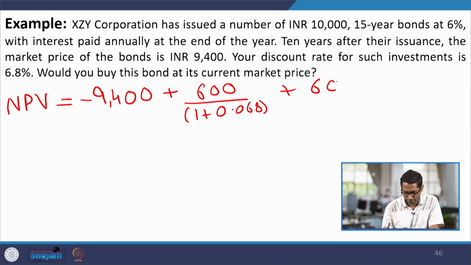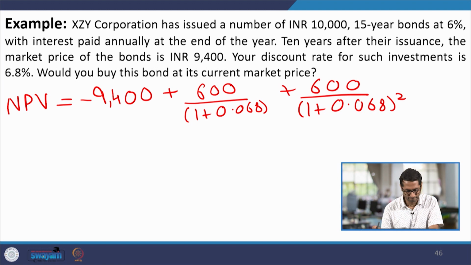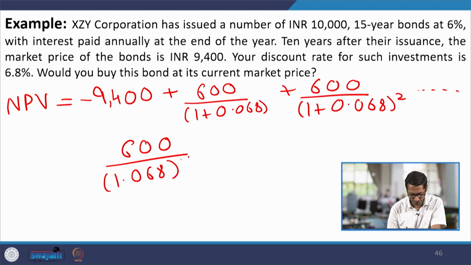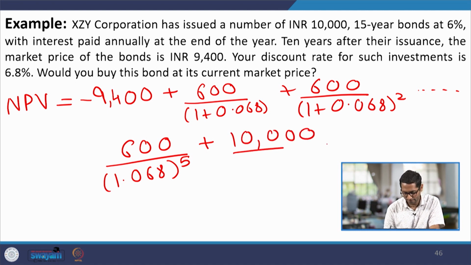Then I would get a similar kind of interest that is returned to me the year after that, and I would be getting such returns for the next 5 years. So, I have just written the total amount raised to power 5, and also at the end of 5 years I would also get the bond value returned, which is 10,000 rupees, and that again needs to be discounted by the same factor.